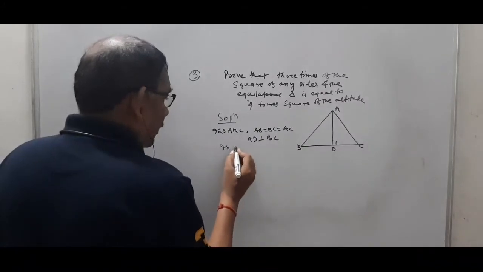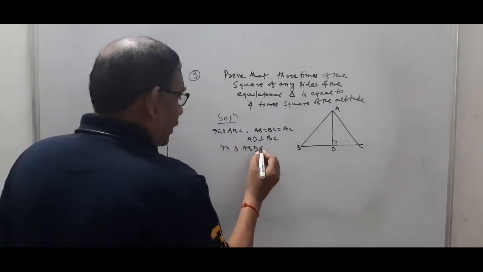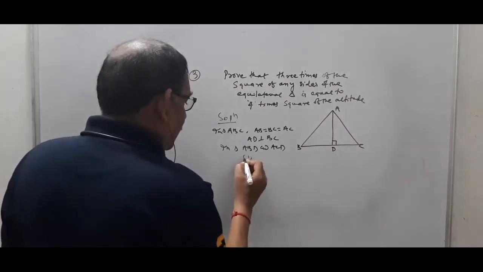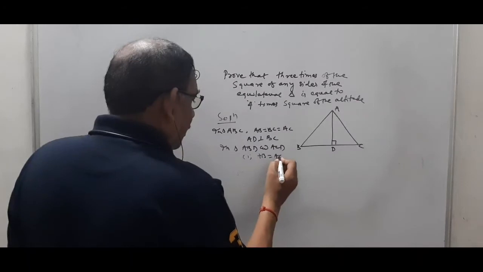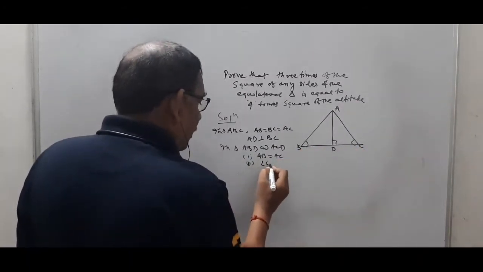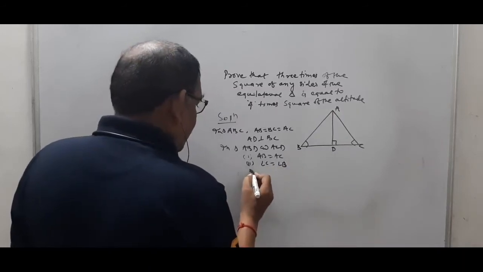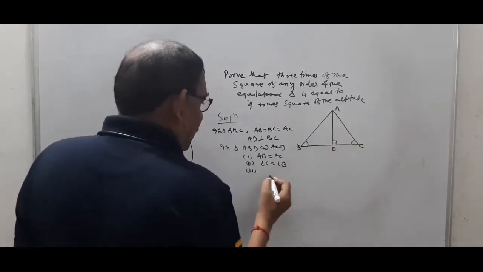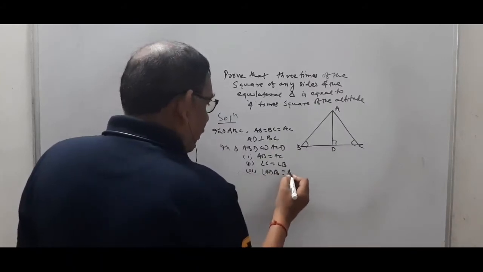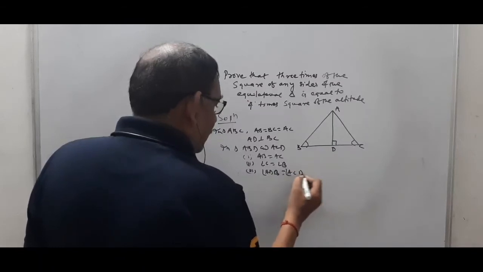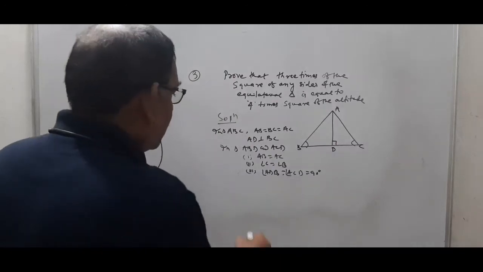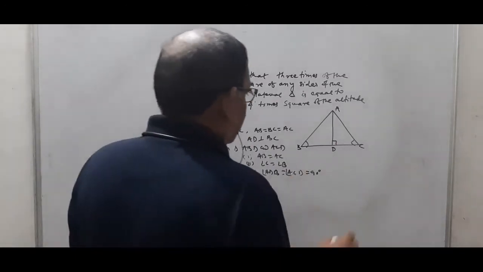In triangles ABD and ACD, AB equal to AC, angle B equal to angle C, and the third one, angle ADB equal to angle ACD equal to your angle. Okay.